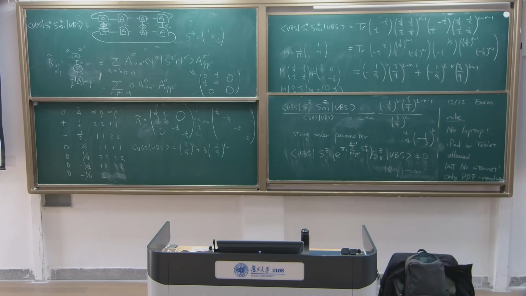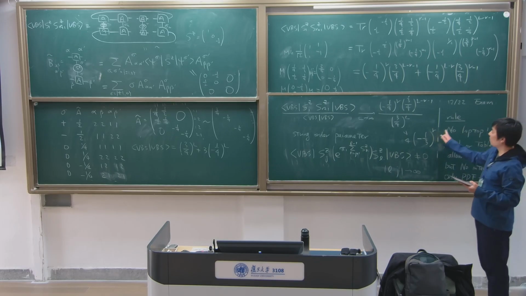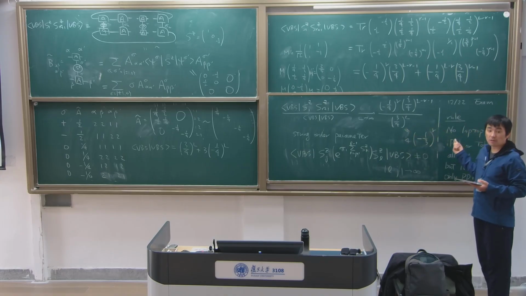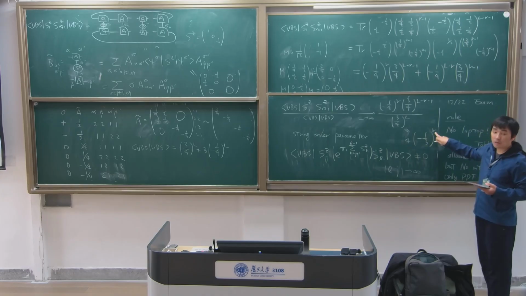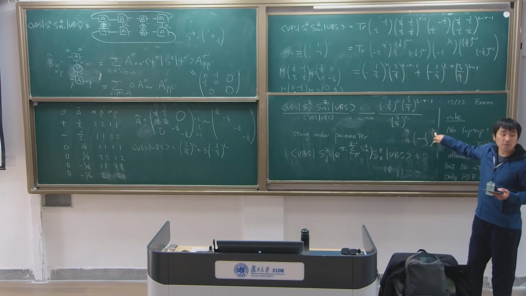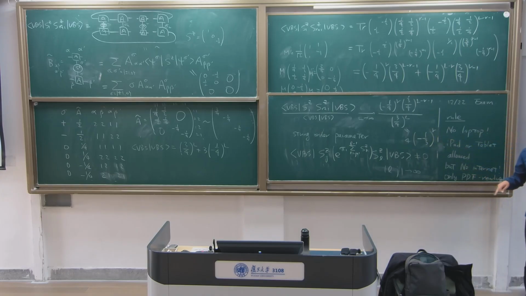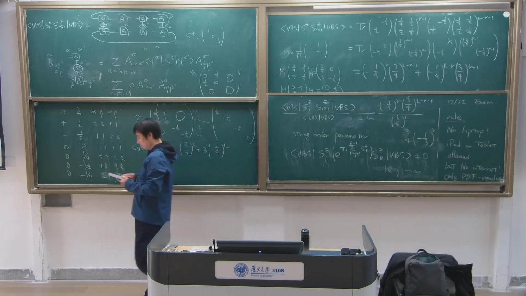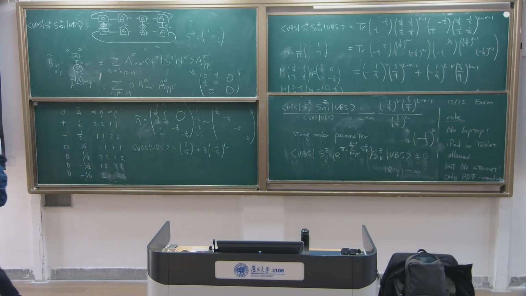And if R goes to infinity, this becomes 0. So it's really an exponential decay in R. Therefore, the system is gapped. That's how we show it for the correlation function. Okay, any questions at this moment?